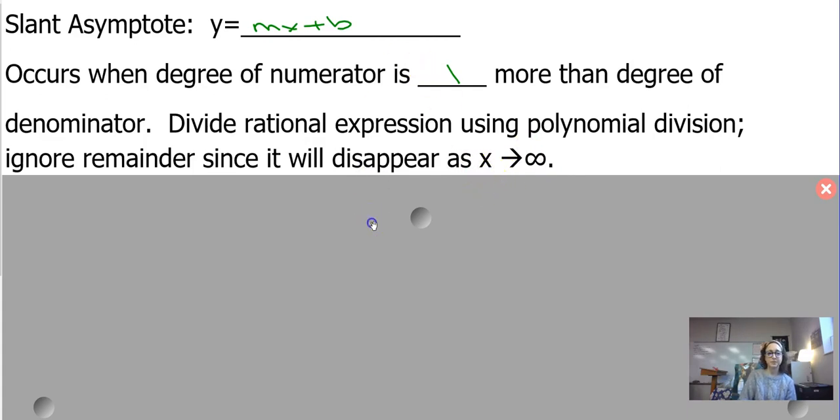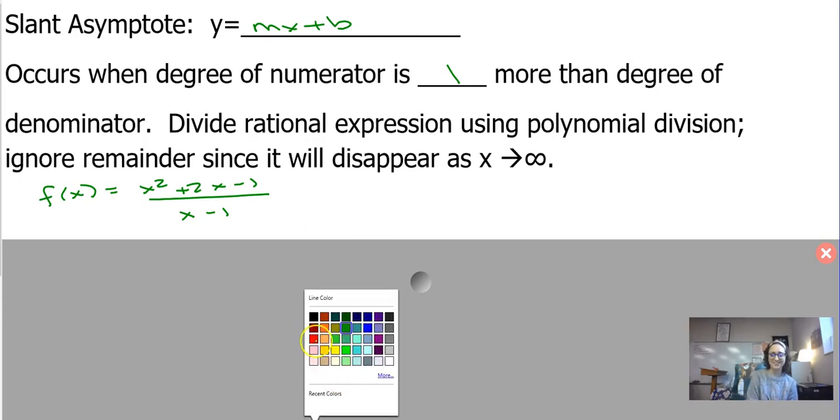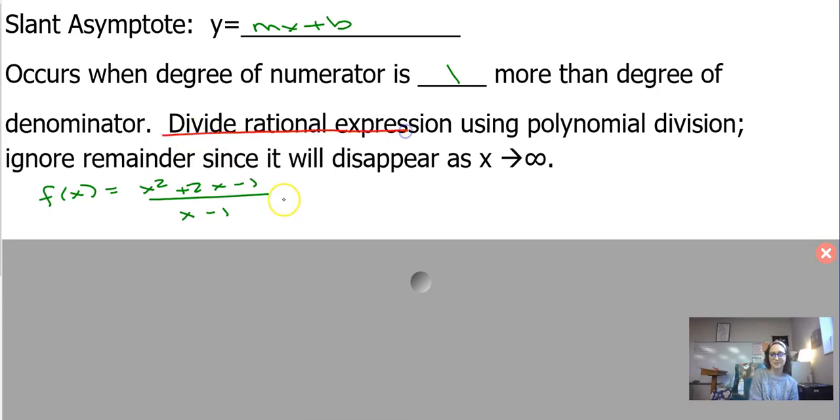Okay? So here's what I'm going to do. Can you, force pause on the screen, copy the same f of x that we had in Desmos just a while ago? All right, so we're going to do what the directions tell us to do here, and it says divide the rational expression, and then ignore the remainder. So let's divide. I'm going to put a 1 here, and then my coefficients 1, 2, negative 1.